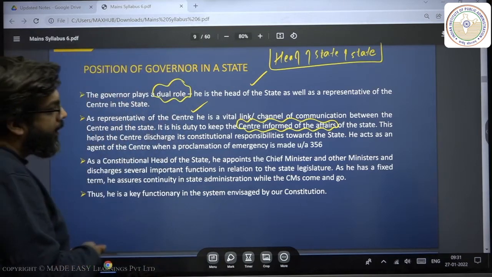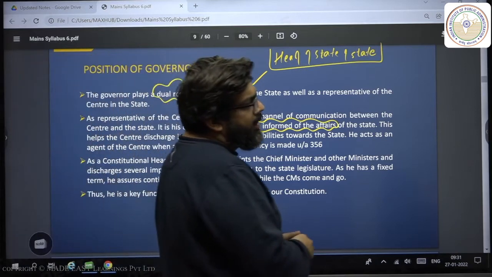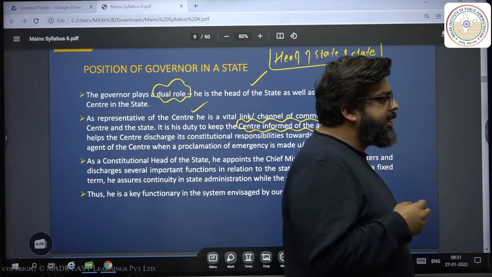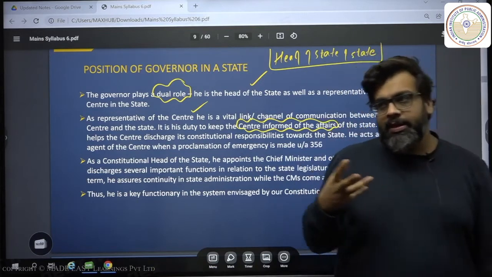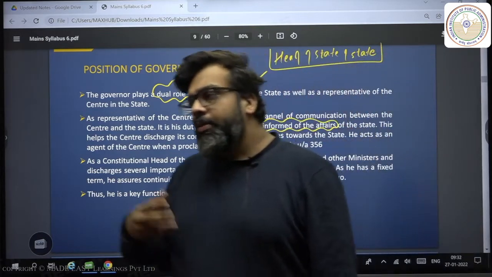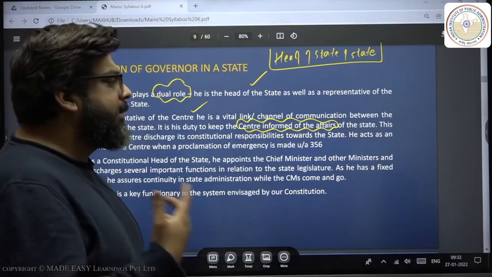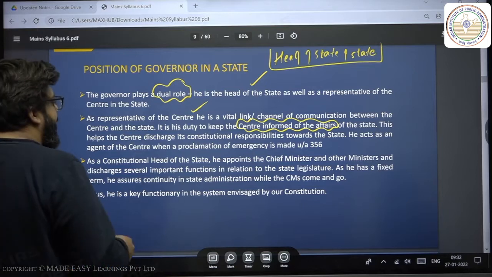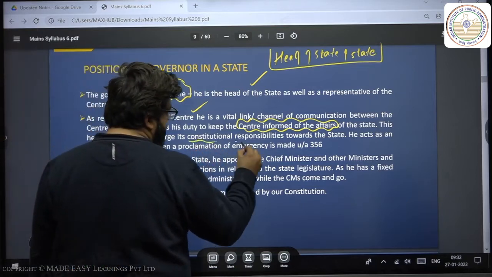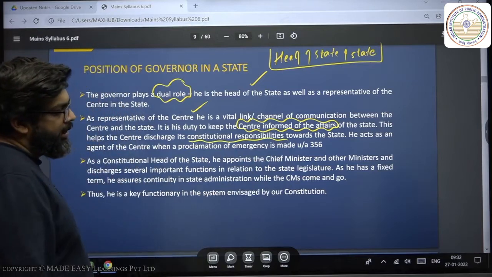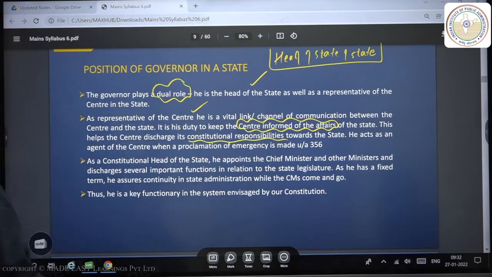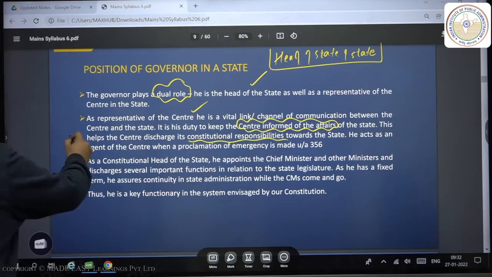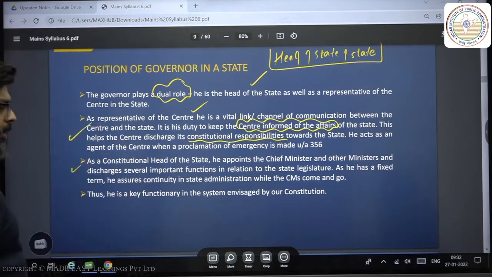It is also very interesting to notice that the center doesn't necessarily have to wait for a governor's report on the same, but the governor, if the governor wants, can certainly recommend this to the center. And this therefore helps the center discharge its constitutional responsibilities towards the state and acts as an agent of the center when the proclamation is made under Article 356, which is presidential rule.